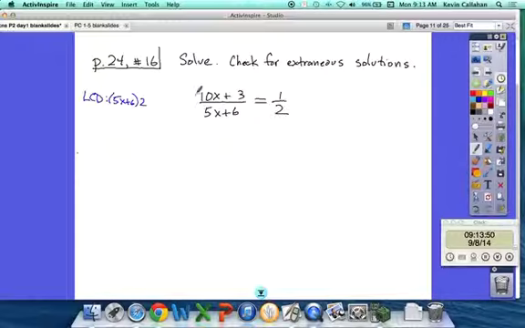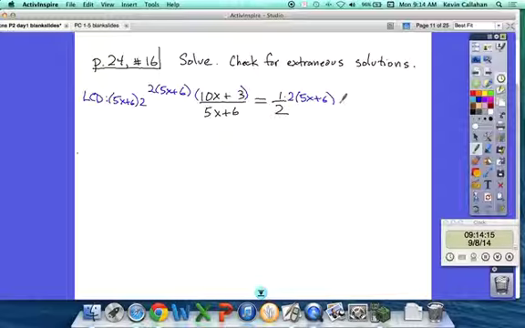And now I would multiply everything by that. So if I multiply on this side 2 times 5x plus 6, and on this side times 2 times 5x plus 6, what happens? The next step would tell me to cancel denominators.